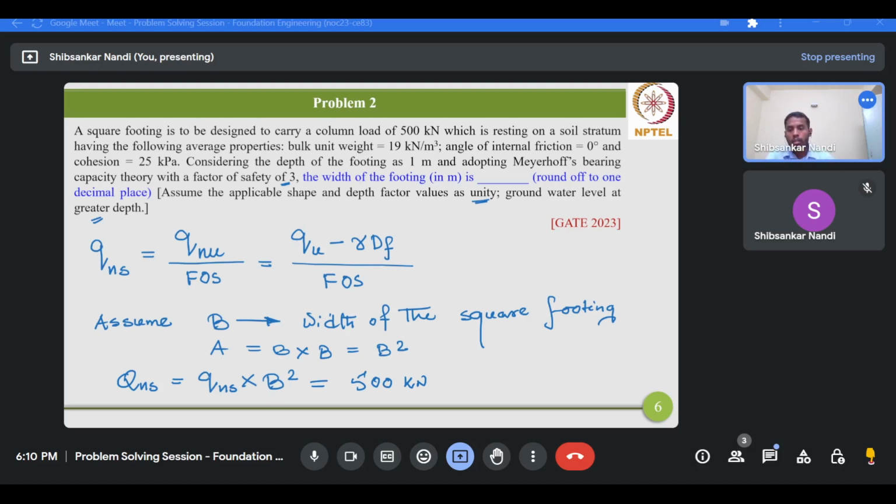Therefore the determination of this net safe bearing capacity is very essential to address this kind of problem. And how can we determine q_ns?